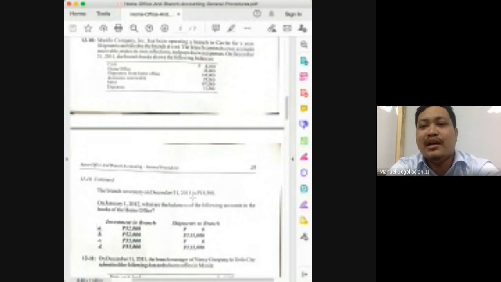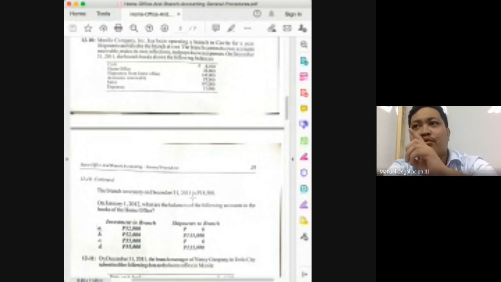Yes. But why are we not relying on the 35,000? Because that is still the balance on December 31 before closing entries. What is being asked is the January 1 of the following year. And if it's already the following year, that means the closing entries were already prepared. What does that mean? Profit or loss have already been closed to your reciprocal accounts. Is that clear?